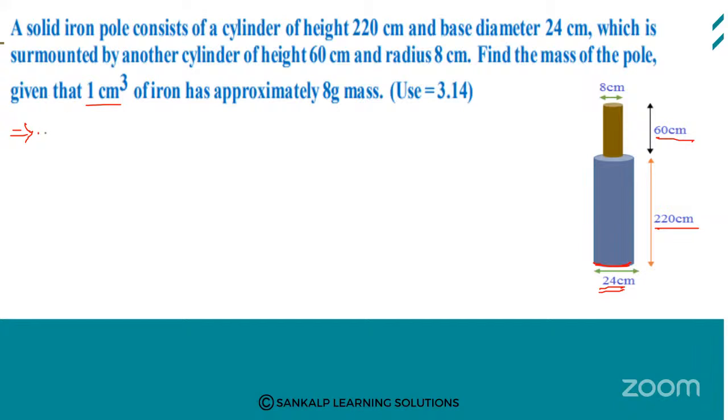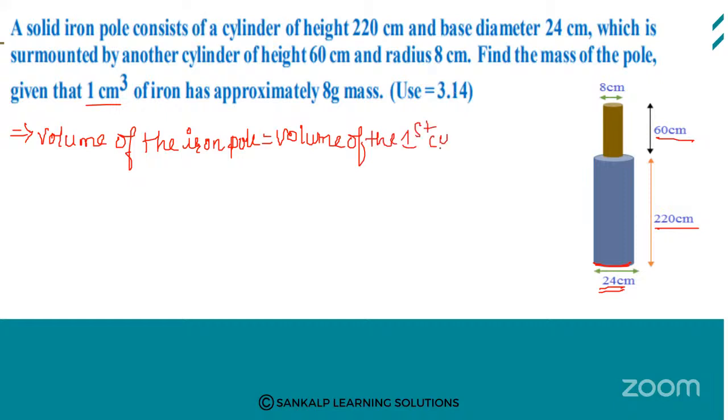So volume of the iron pole is volume of the first cylinder plus volume of the second cylinder.